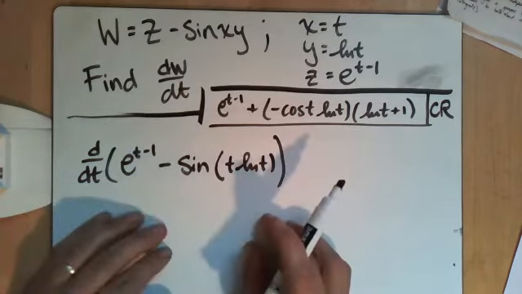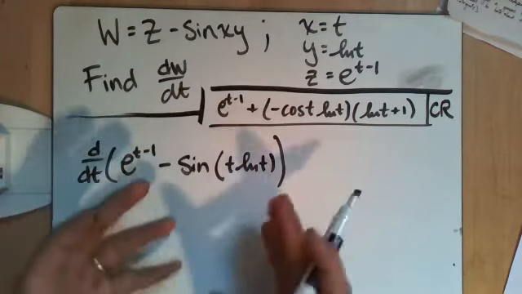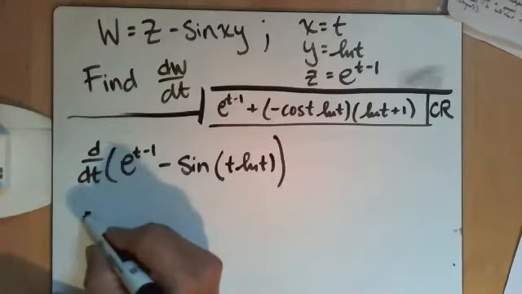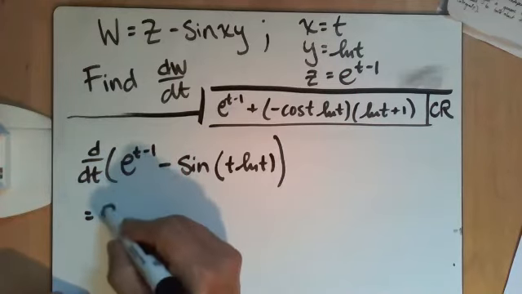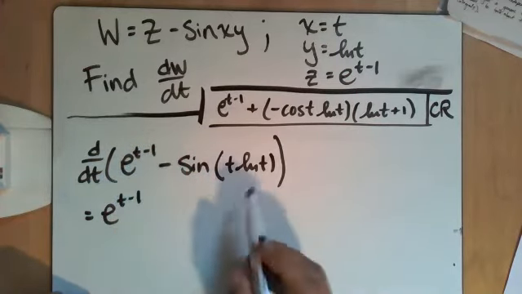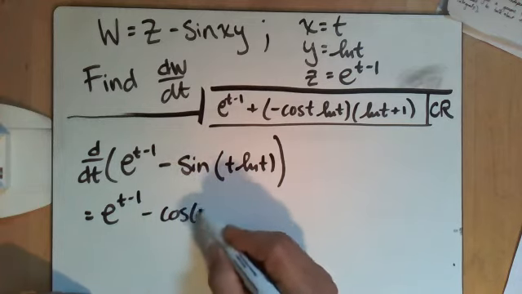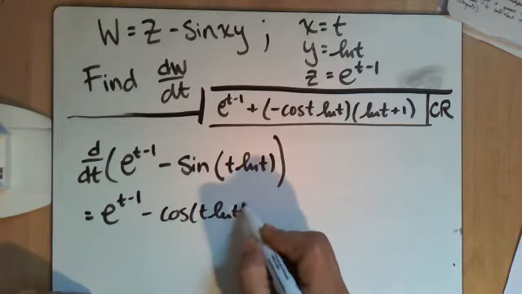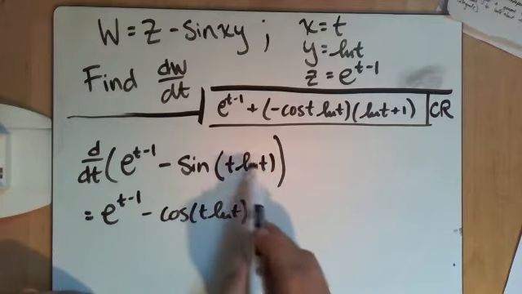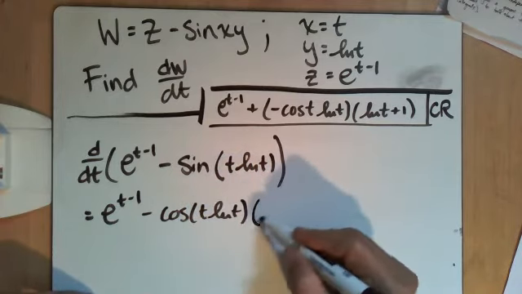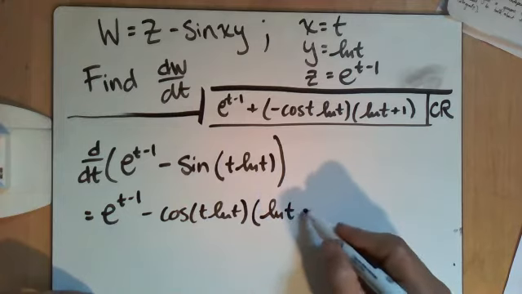This is what we need to differentiate if we're going to do it directly. We've already done the derivative of the first part; that was just e to the t minus 1. And this one gives me negative cosine t log t times the derivative of t log t.